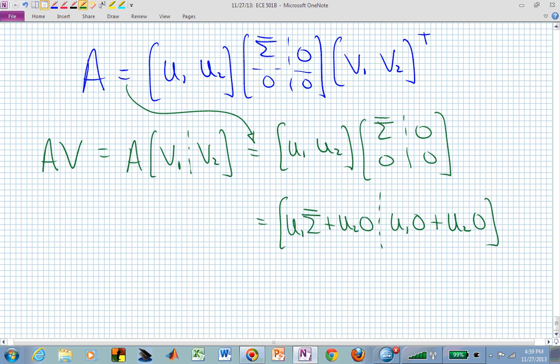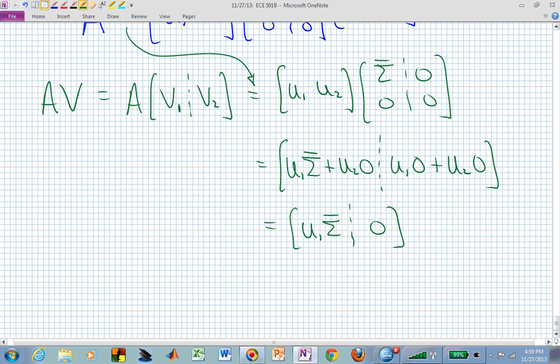But now, with that, I can actually say that that reduces to U1 sigma bar 0. And what are the dimensions of these? That's still 3 tall, isn't it? But this one, U1 was 3 tall, but how wide is it? U1 was 3 by 2 times a 2 by 2, so it's going to be 2 wide, isn't it?